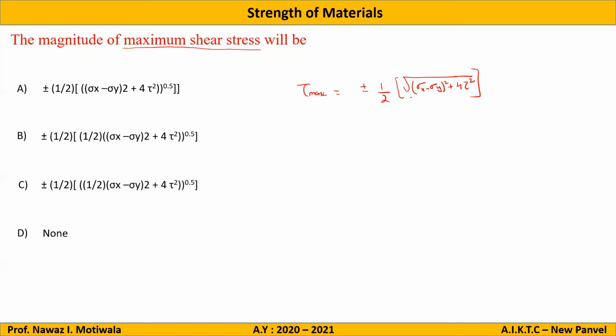Directly from the options, it is option A: (sigma x minus sigma y) square plus 4 tau square, raised to half. That means the square root is taken care of, and it is 1 by 2. So yes, it's option A.